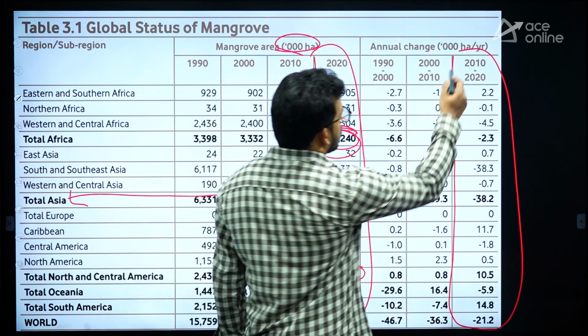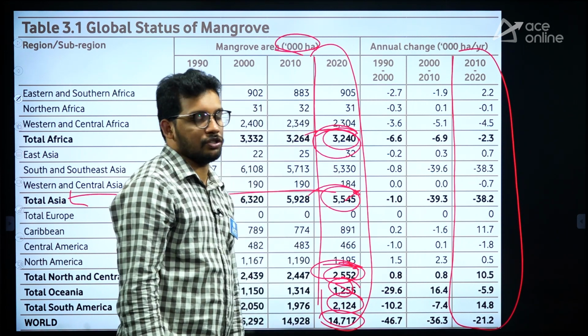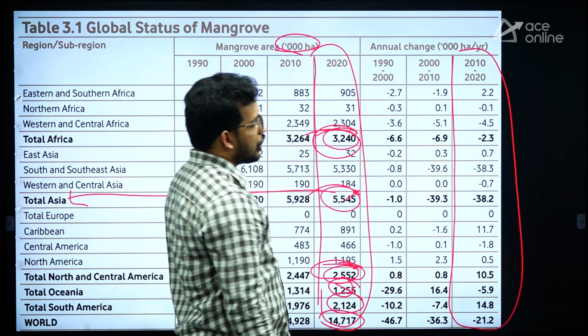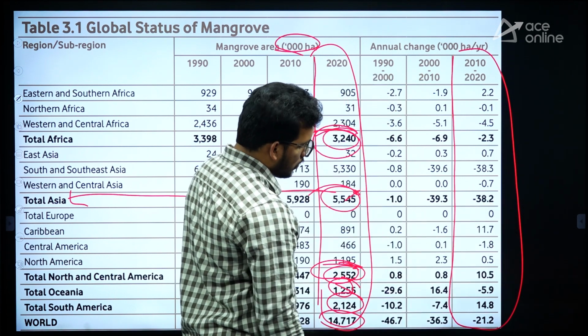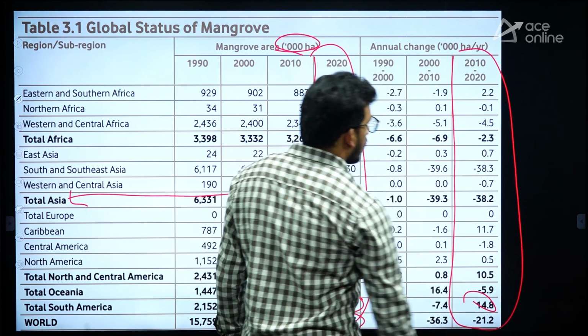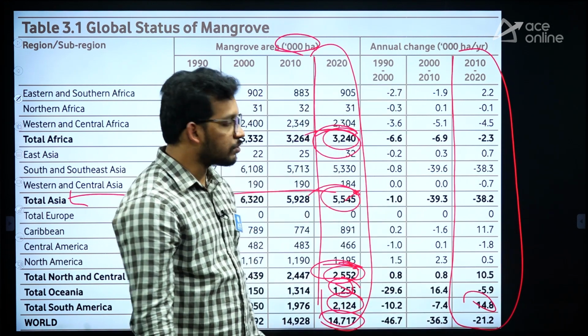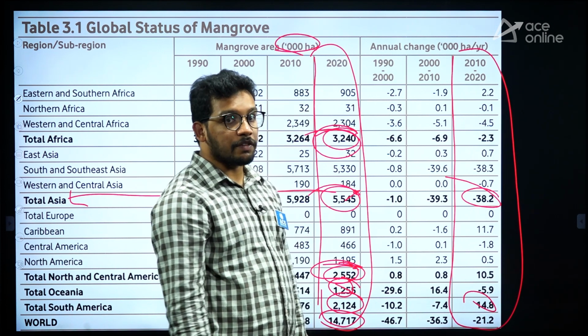And then the annual change compared to 2010, which is actually a decadal change, right? This change was highest increased in South America. So South America has seen the highest increase in mangrove, and the highest decrease was seen in Asia. So this is a very concerning thing.